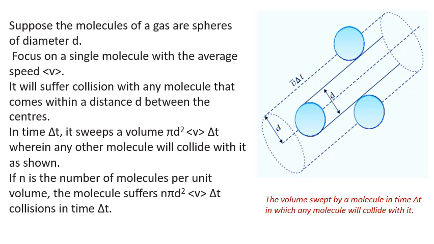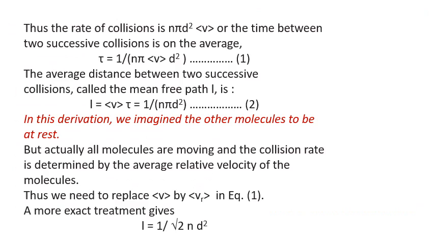In time delta t, it sweeps a volume pi d square v delta t, wherein any other molecule will collide with it, as shown. If small n denotes the number of molecules per unit volume, the molecule suffers n pi d square v delta t collisions in delta t time.